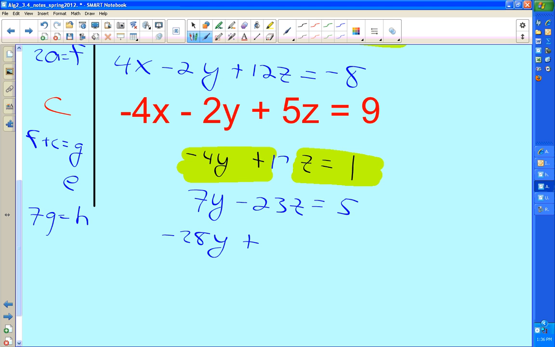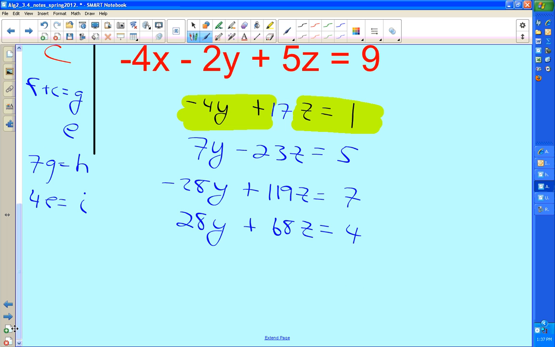Remember, this is 17. So 7 times 17, what is that, 119? And 7. And then 4 times E is going to give me 28y plus 68z and 4.